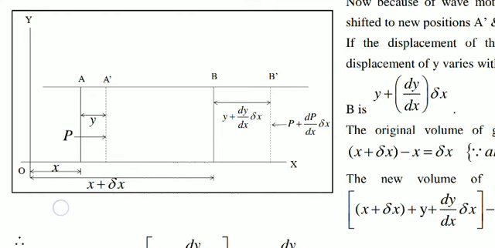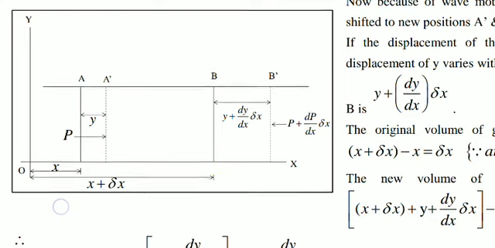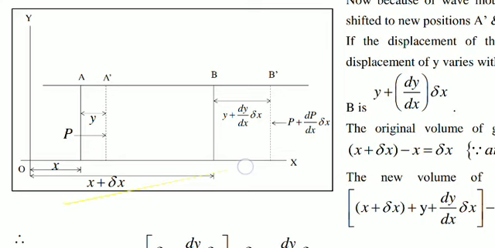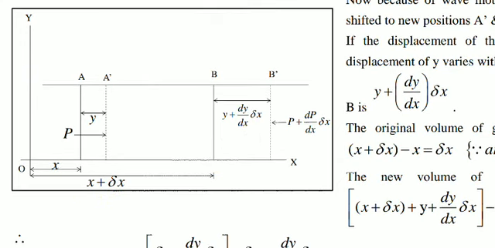Remember what dy by dx is: the change in y with respect to x. It tells us how much plane A has been shifted per unit distance of x.